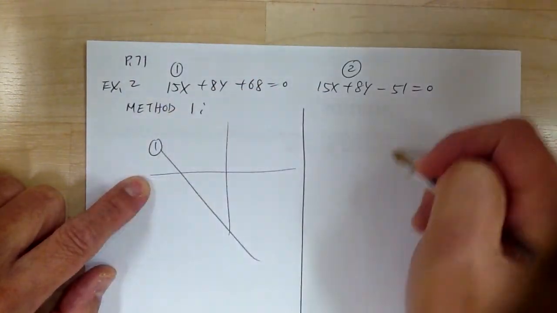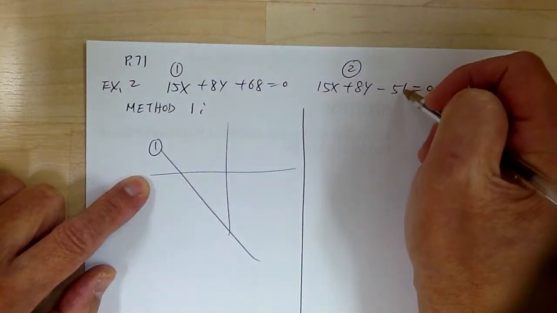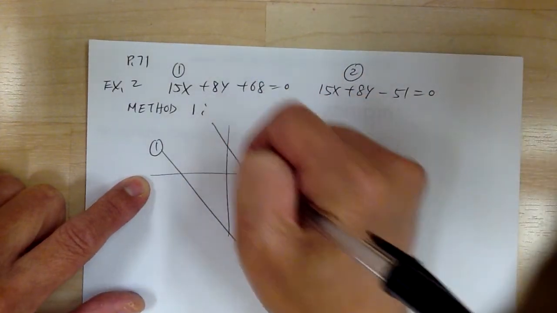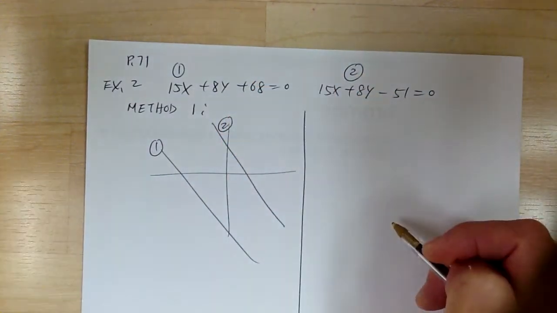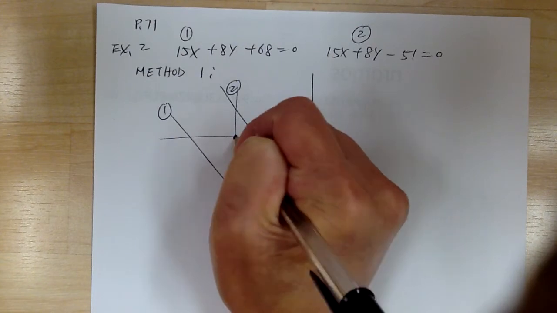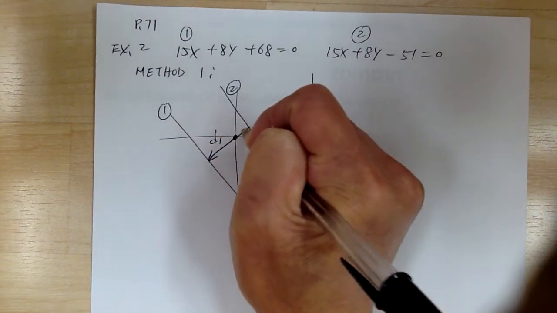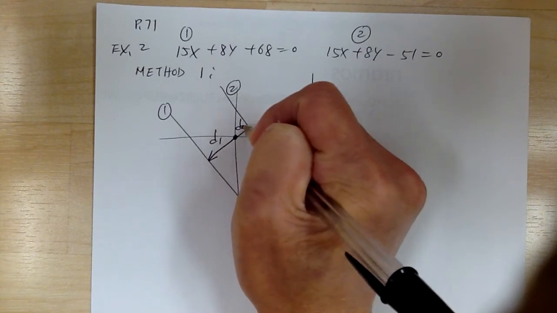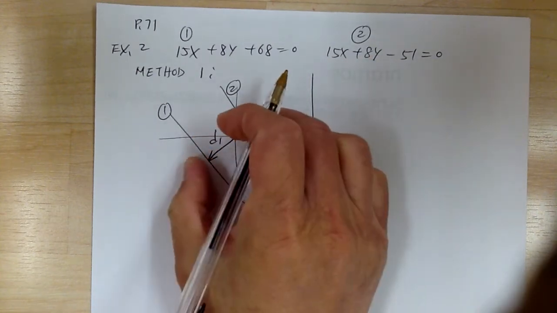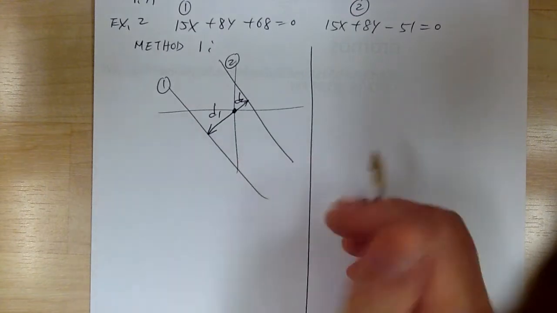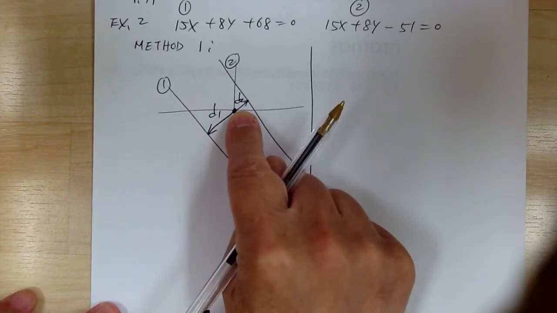So this is 9, 1, and this would be 9, 2. Basically, you want to use the point to find D1 and D2, and from D1 and D2 you can find the distance between them. So that's one method: use 0, 0 as your point.